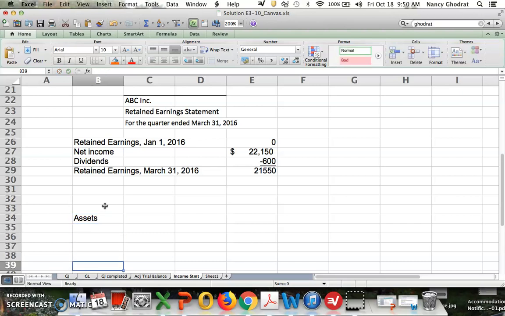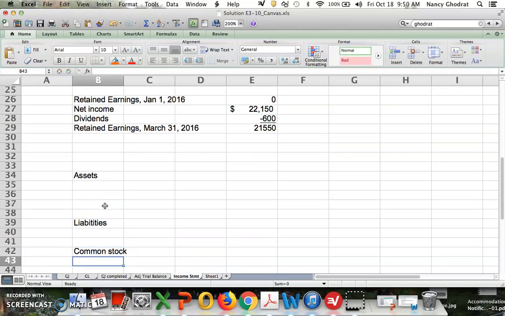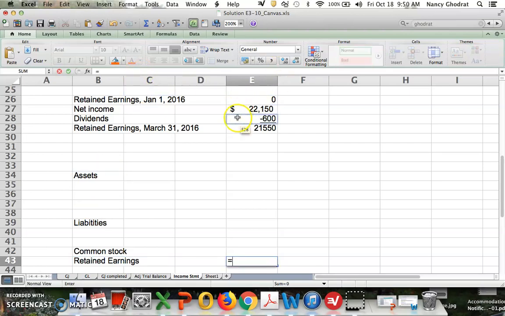Then come your liabilities, and you have to list them one by one. And then come your common stock and retained earnings account. And for retained earnings, the number doesn't come from the adjusted trial balance. The number comes from your retained earnings statement.